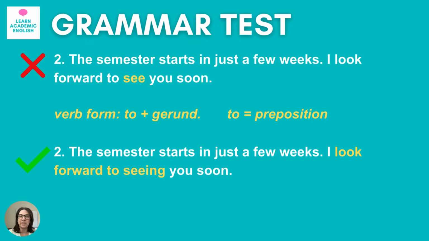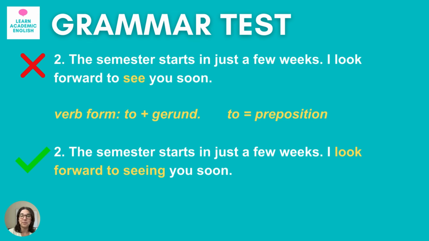Okay, what's going on here? Well, in this verb phrase here, I look forward to. To is actually a preposition, okay? So this is not the infinitive. To is a preposition. Just like, for example, I go to the store, okay? I look forward to something. So if to is a preposition, then it needs to be followed by a noun.